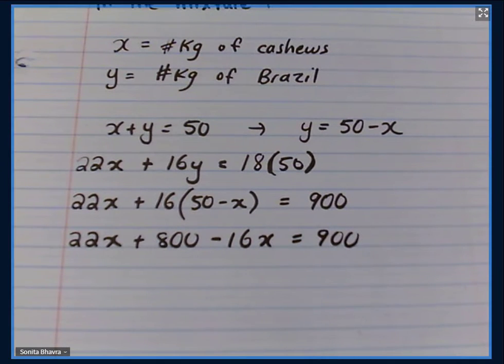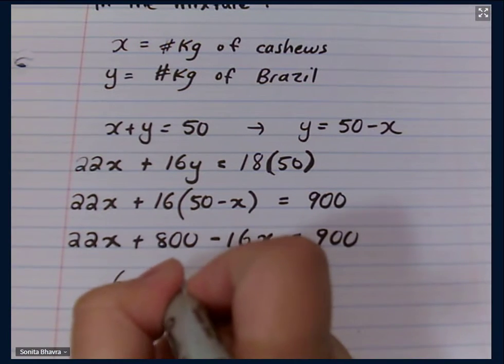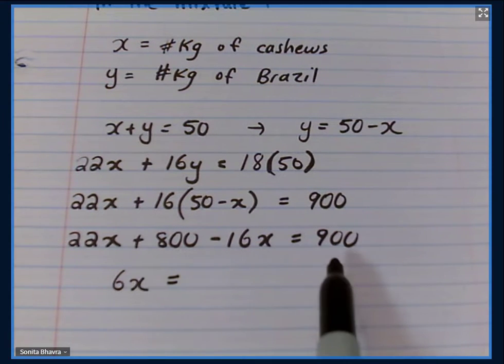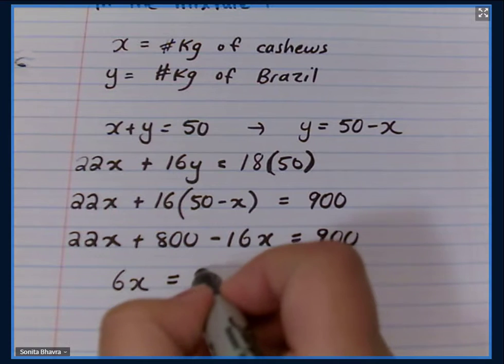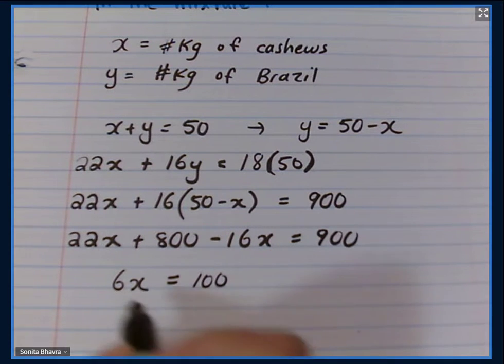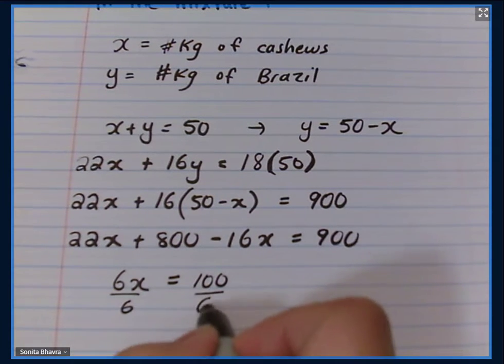All right, collect our like terms here. So 22 minus 16 is 6x. And I'm going to subtract the 800 over to this side, so that leaves me with 100. And then divide by 6 on both sides.